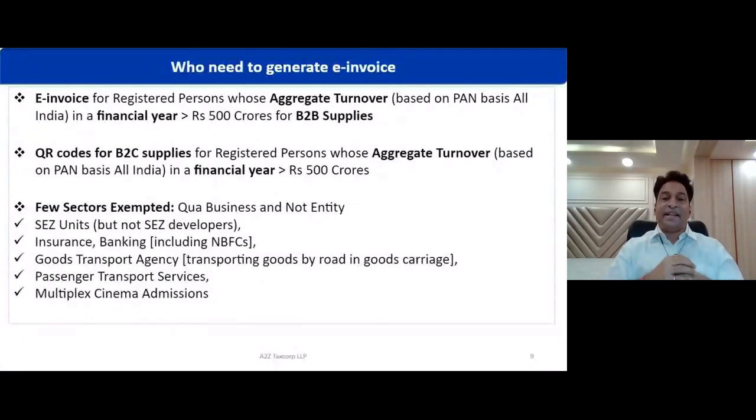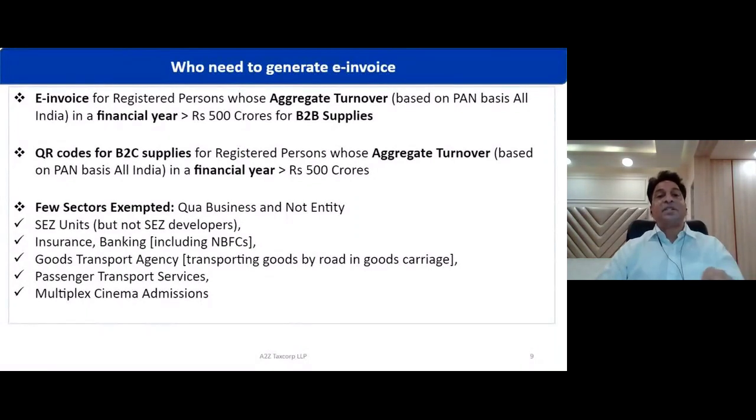Now there are some disputes going on in the market. The first dispute is whether this 500 crore threshold is to be calculated for the preceding financial year or the current financial year.